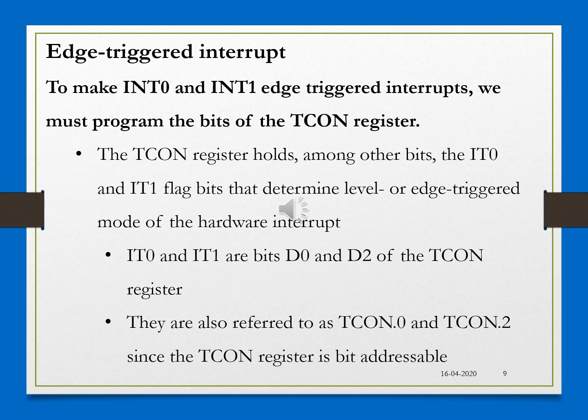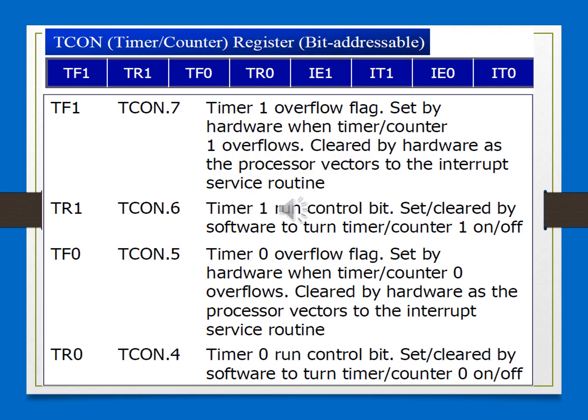These bits can also be addressed as TCON.0 and TCON.2 because the register is bit addressable. I have placed the TCON register here for you to recall things. The upper 4 bits are for the timer run and overflow flags, and the lower 4 bits are for interrupts, right? Just to recall.